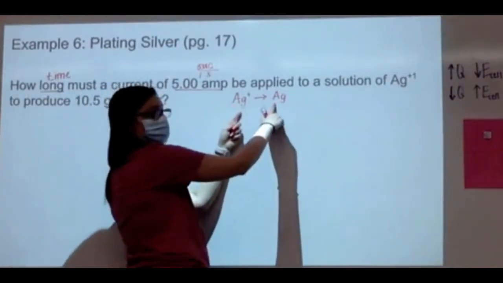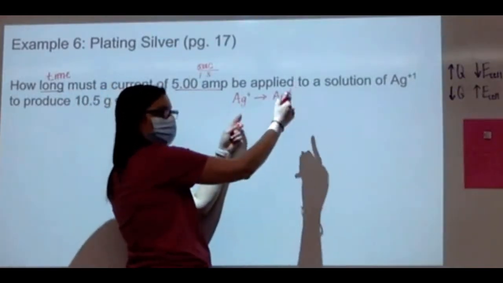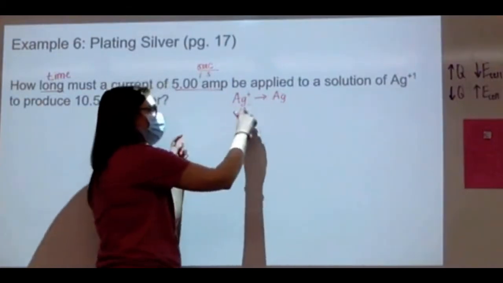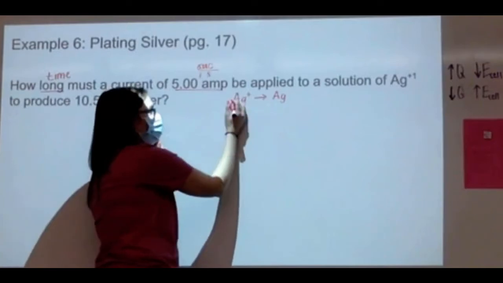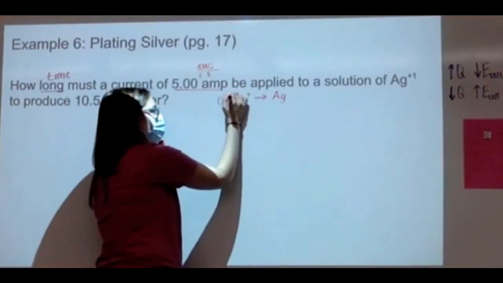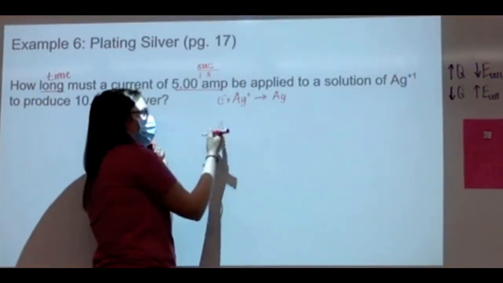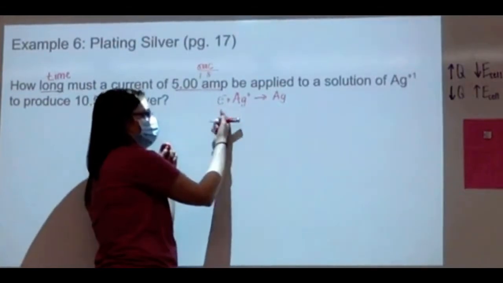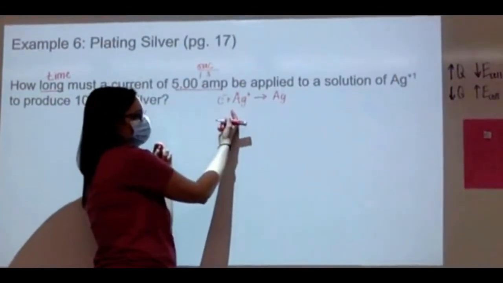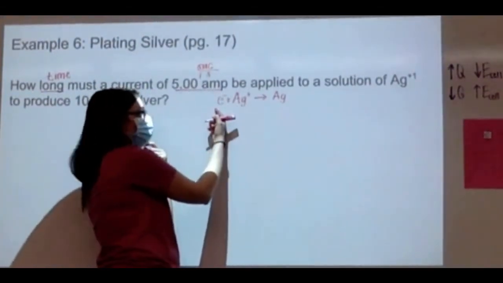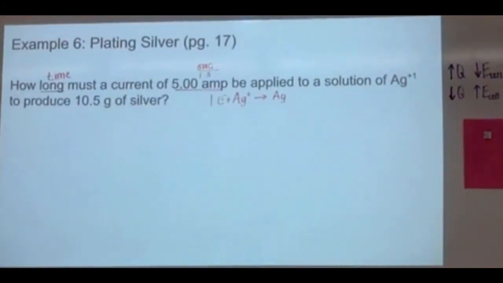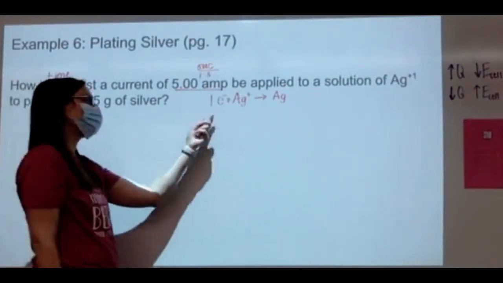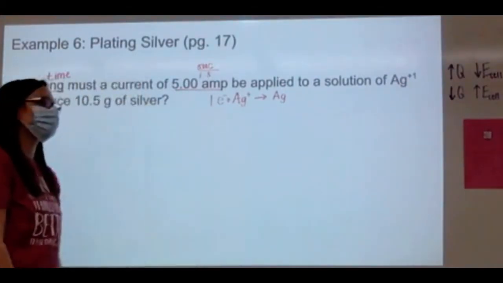This side is 0. There's no charge up here. So if this is +1 and this is 0, remember you add electrons to the more positive side. How many electrons do I need to add to make this side equal 0? Just 1. So if it helps you to put 1 e minus instead of just e minus, that's fine. We're going to need this half reaction because this tells us how many electrons we need.